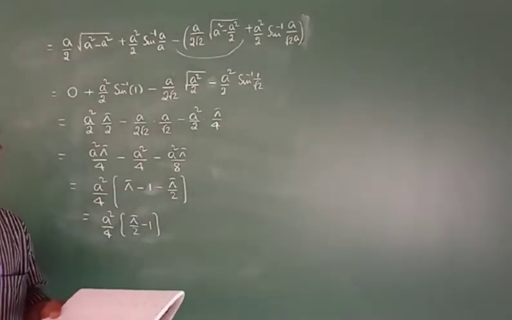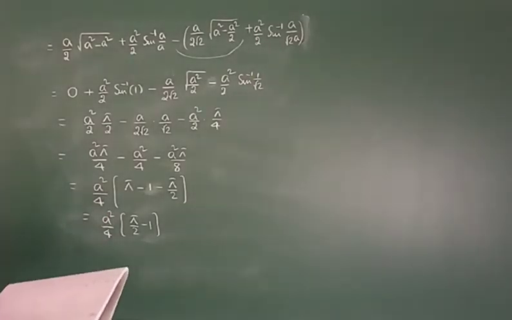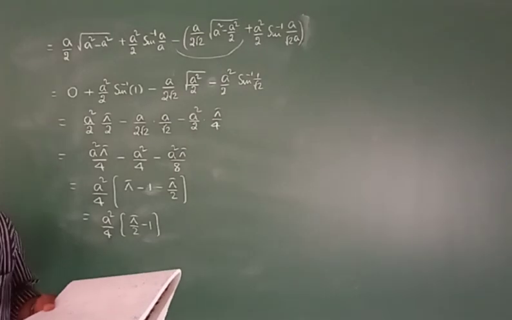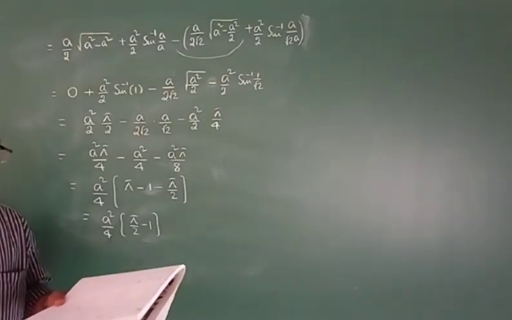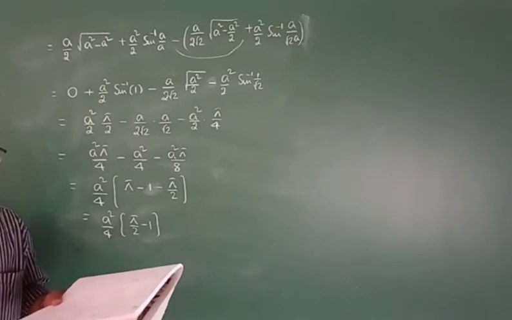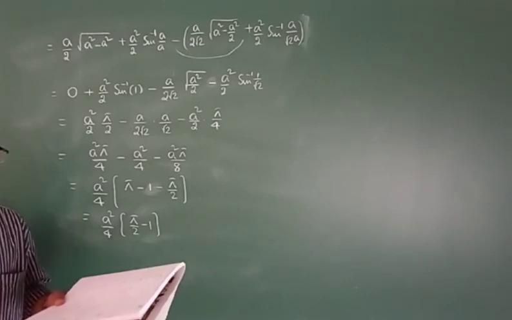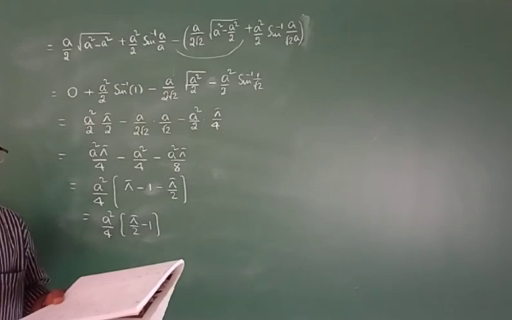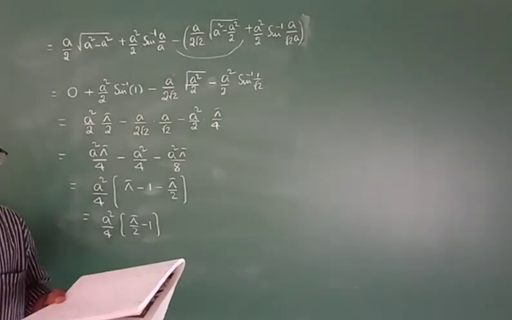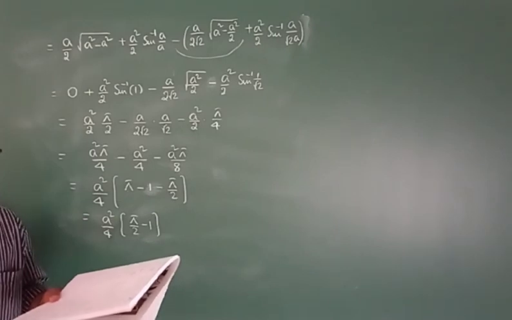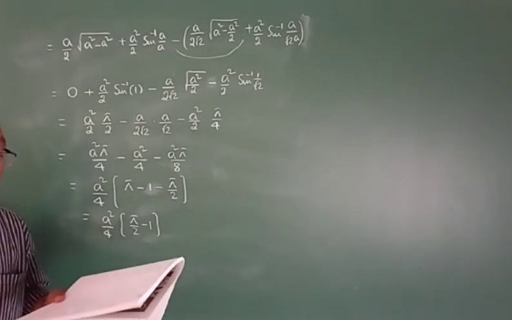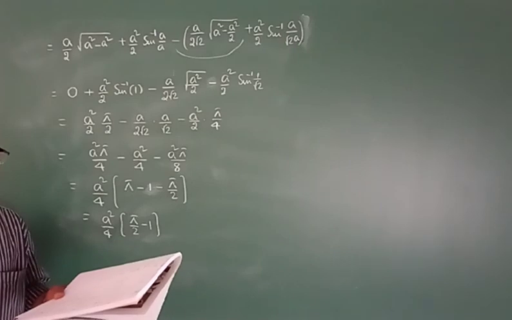Right, everyone read the 8th problem. The area between x is equal to y square and x is equal to 4 is divided into two equal parts by the line x is equal to a.